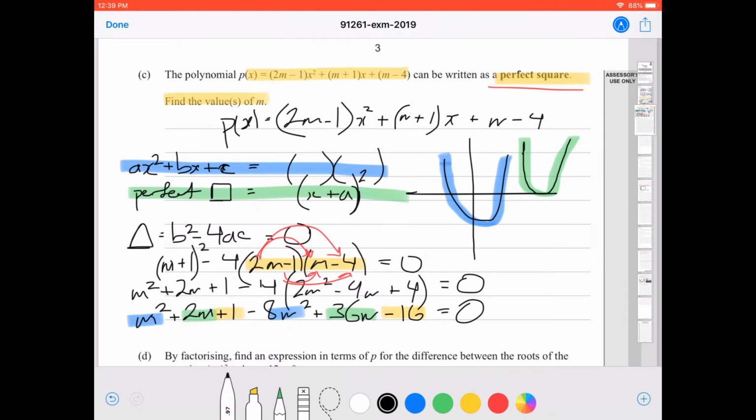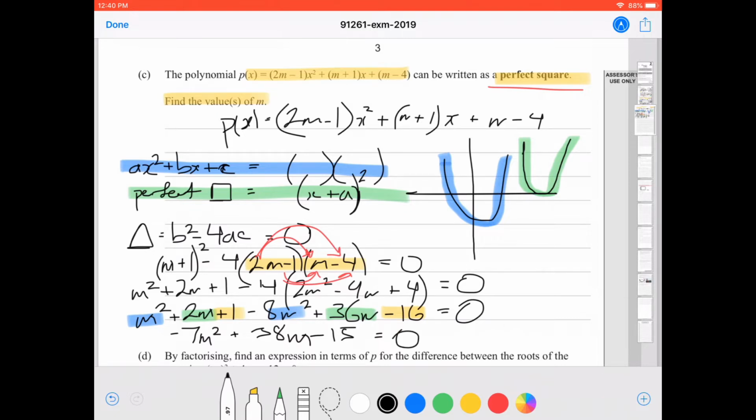So we end up with minus 7m squared plus 38m and minus 15. And this equals 0.